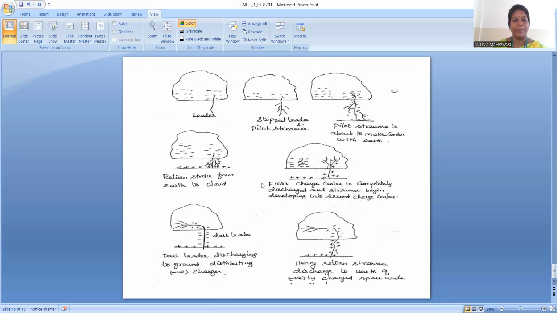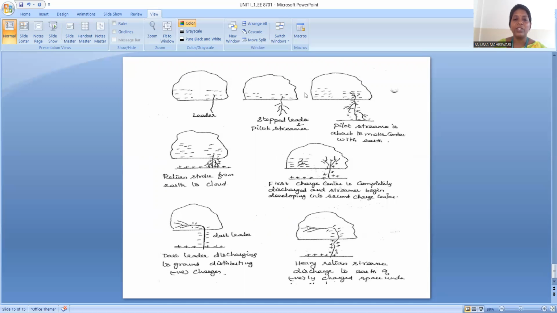Its velocity is about 1 by 10 times the breakdown strength of the air, and the current of the streamer is 1000 amps. The downward streamer towards the ground is formed, and the negative charges on the base of the cloud are lowered down the streamer.